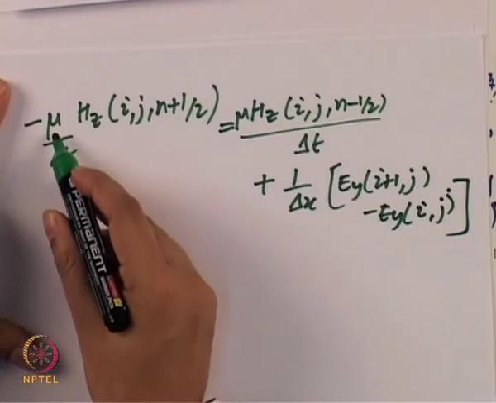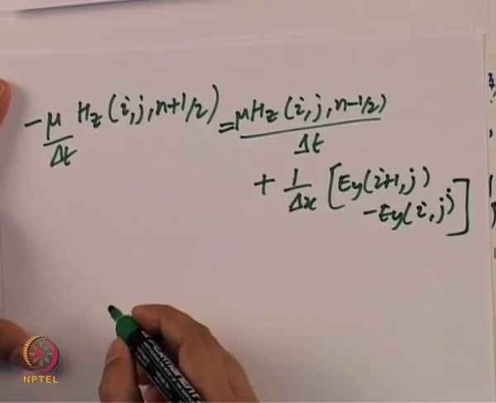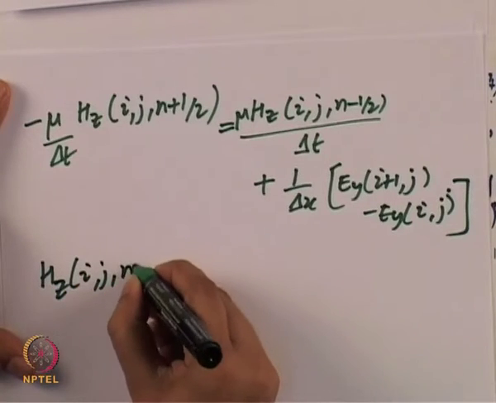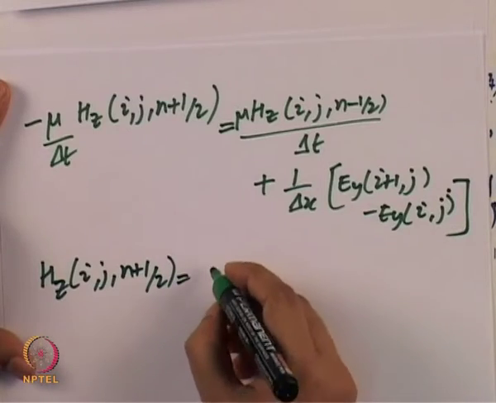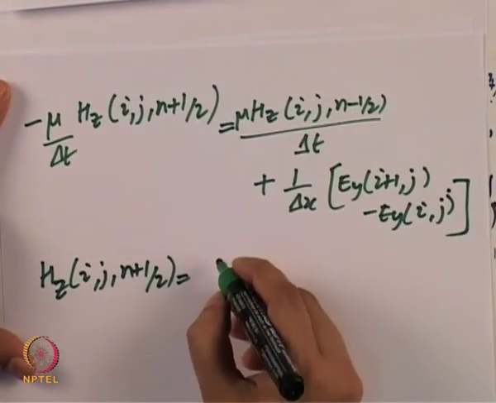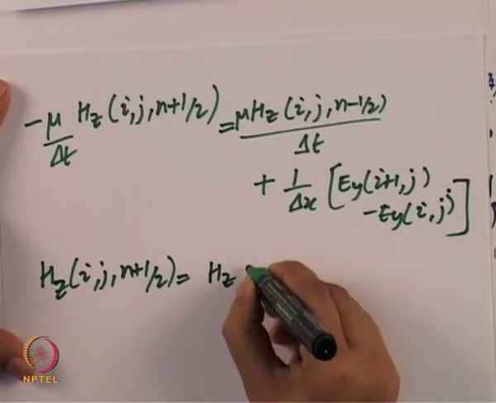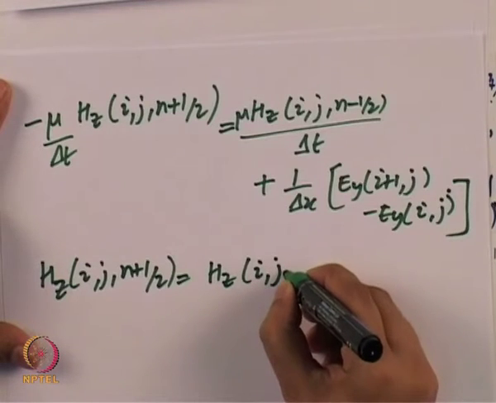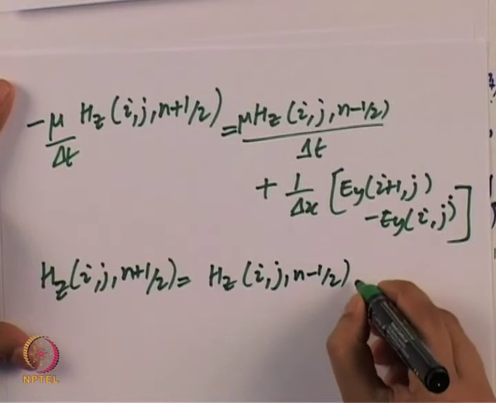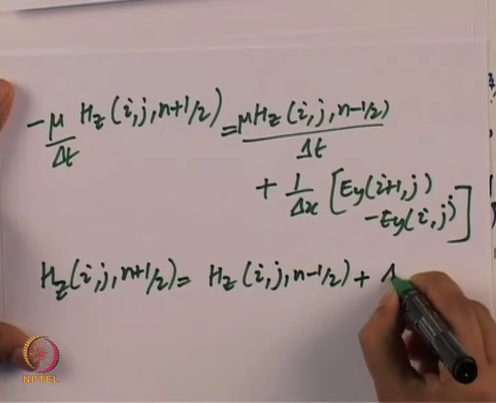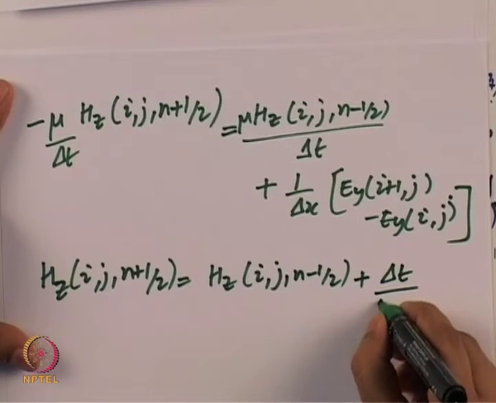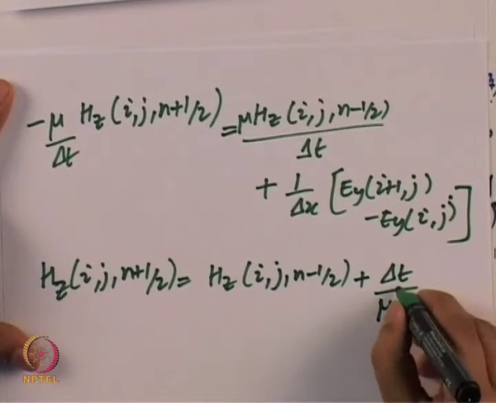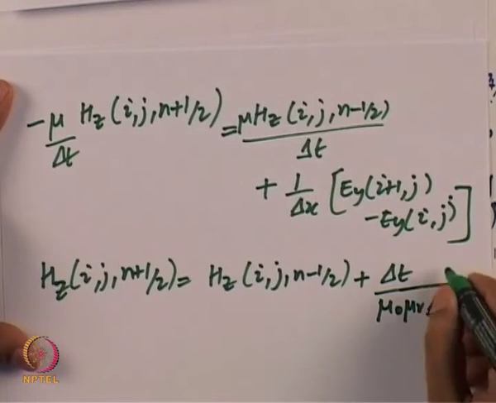and if I take the mu delta t on the other side, what I will get is Hz(i, j, n plus half) is equal to, so delta t by mu will go away, so this will be Hz(i, j, n minus half) plus delta t divided by mu naught mu r multiplied by delta x, and then the curl term will be here.